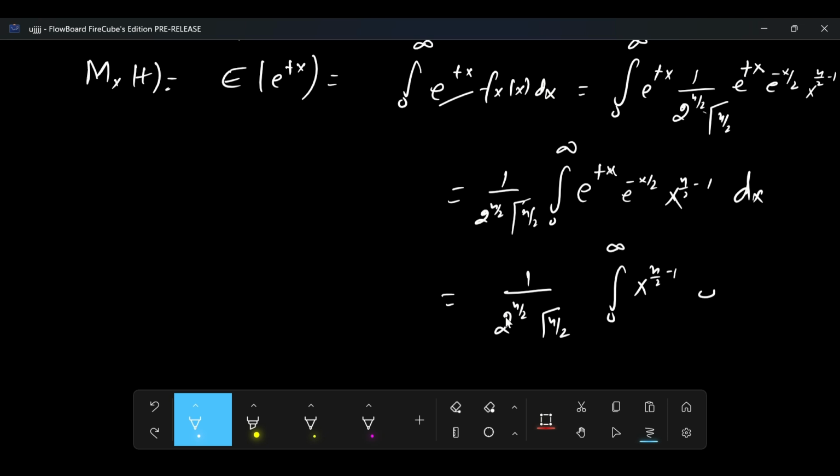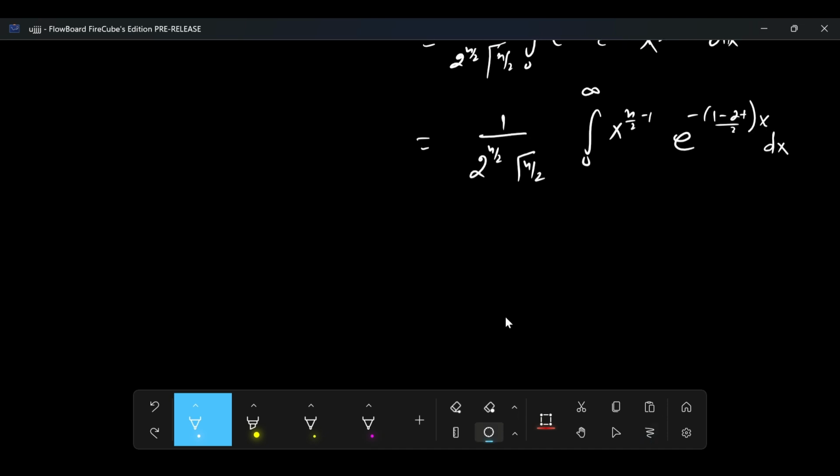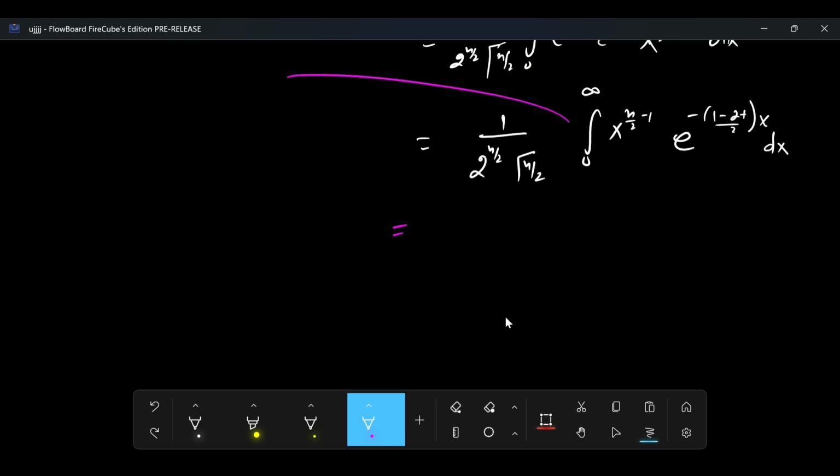And what is this? If I take x common from here, I will be left with e to the power minus (1 minus 2t) upon 2 x dx. Is it correct? Yes. Now see, this will be equal to using the gamma integral, but in this format.